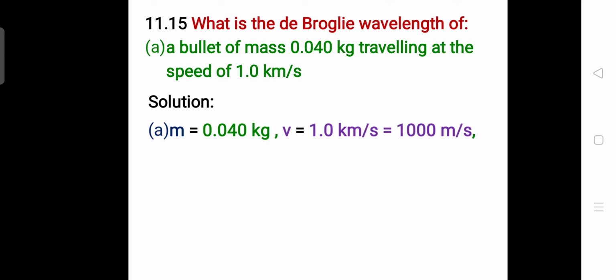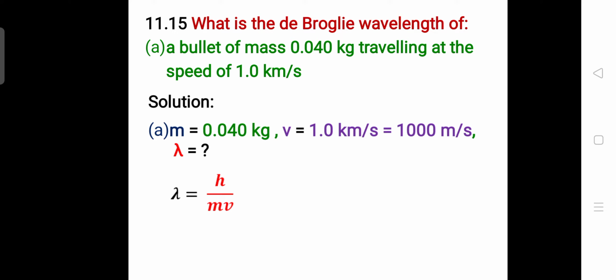Here mass is equal to 0.040 kilogram. Speed is given as 1 kilometer per second. Convert kilometer into meter, so speed will be 1000 meter per second. What we have to find is lambda, the wavelength. So the formula is lambda is equal to h upon mv.